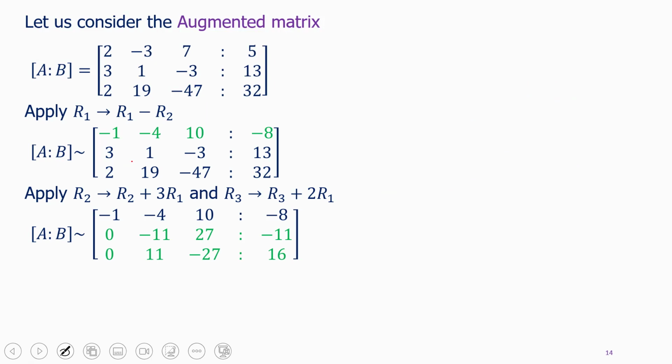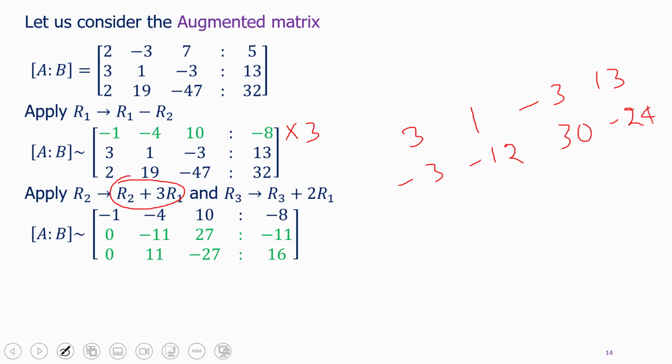Let us check whether this is true or not. First let us take R2 plus 3R1. What is R2? 3, 1, minus 3, 13. What is 3R1? We have to multiply this by 3. So minus 3, minus 12, 30, and minus 24.